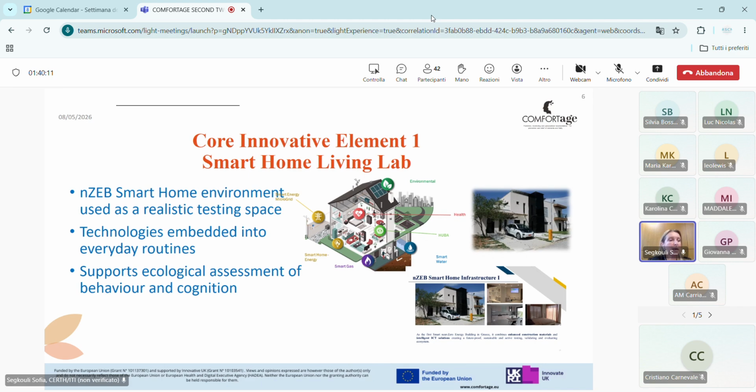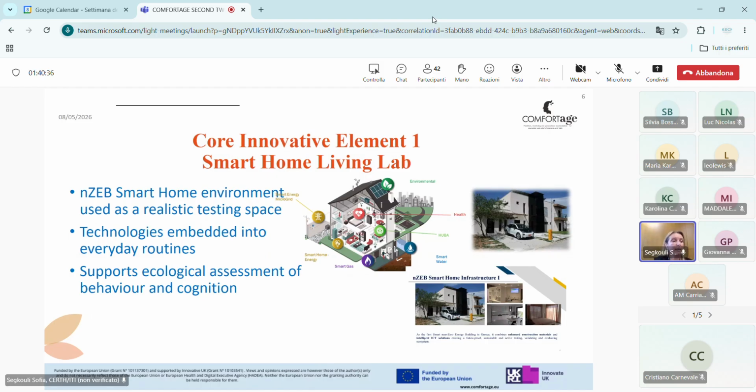Concerning the core innovative elements, our main methodology is to evaluate behavioral and cognitive health of older adults in the infrastructure of the NZEB Smart Home, which is a realistic testing space.